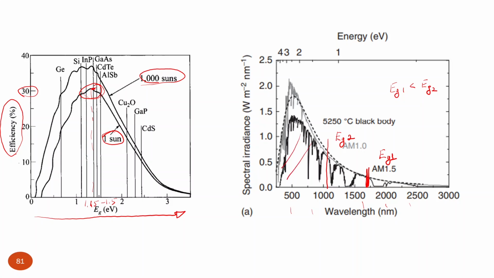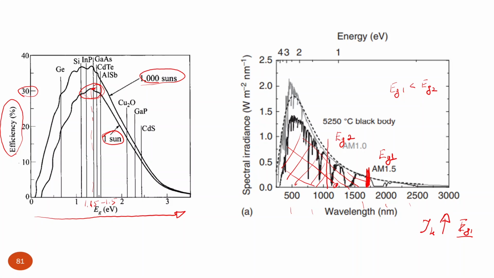Instead of using only this part for a wide band gap semiconductor, because already here photon energy is not enough to generate an electron-hole pair, we could use all this part up to here because we have a narrower band gap material. That will create more non-equilibrium charge carriers, and photocurrent IL will increase. It will be larger for the EG1 material because it will utilize a wider spectrum of the solar light.